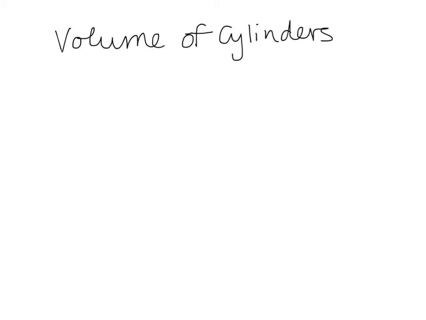Cylinders are really just a special kind of prism because they have a base that is a circle and they go straight up from that base.